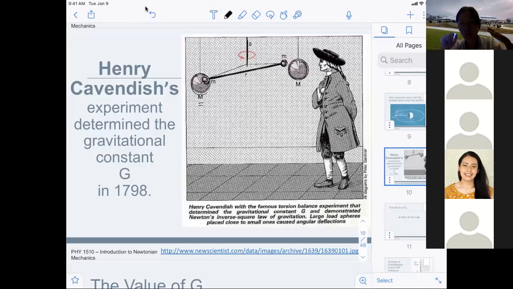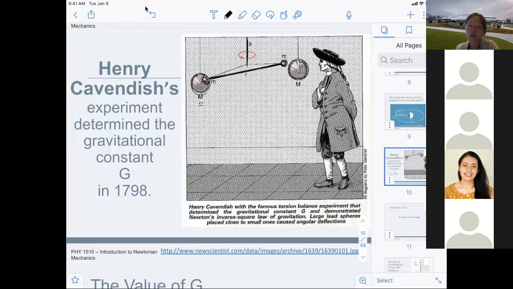A little mirror is mounted on this cable, and when you shoot a laser into the mirror, you can see that a tiny bit of rotation, a twist to the cable due to the gravitational pull, is able to move the reflection of the laser beam by a significant amount that allows us to observe it. The thought behind this is that something small is made into something more noticeable using this torsion balance.